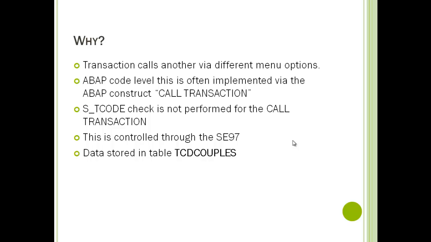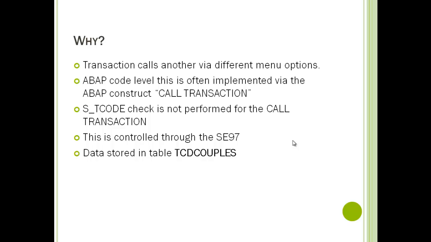As we also saw in our previous exercise, there are many transactions which you can call from a different transaction. For example, we went to notification. From notification you can switch to service order. Same like this, we have standard SAP transactions. You can call a different transaction from a specific transaction using their menus and other functionalities.